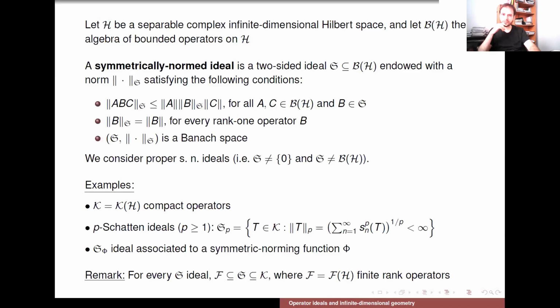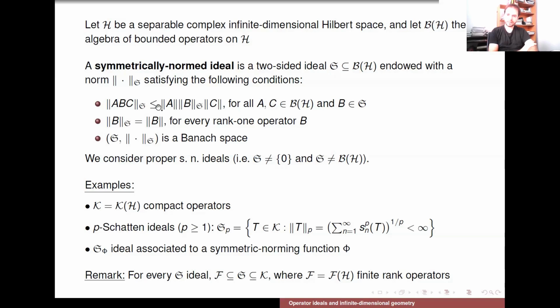As an introduction, we recall that we work in a separable complex infinite dimensional Hilbert space H, and B(H) is the algebra of bounded operators on H. We treat the following special class of operator ideals. Symmetrically normed operator ideals are two-sided ideals such that the following three conditions hold.